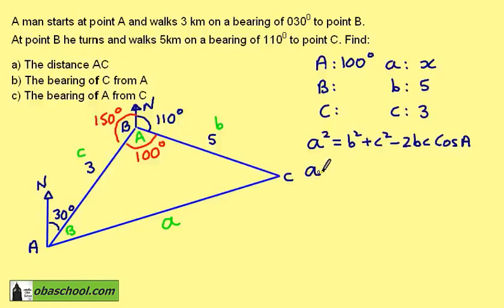We can now substitute the values into the formula, so a squared is 5 squared plus 3 squared, take away 2 times 5 times 3 times the cosine of 100 degrees.